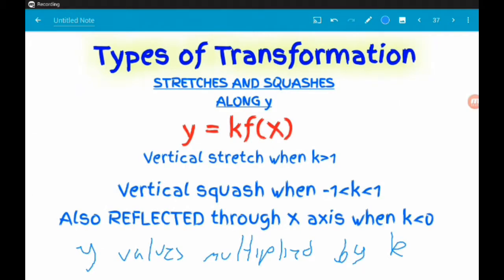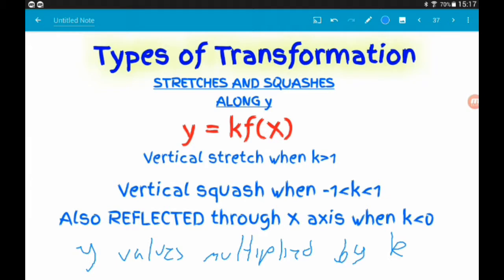Okay, then next up we have stretches, squashes and reflections, which all come from doing the same type of thing to the function. So first of all, stretches, squashes and reflections along the y-axis. These come from multiplying our function by a number. So things of the form y equals k times f of x.